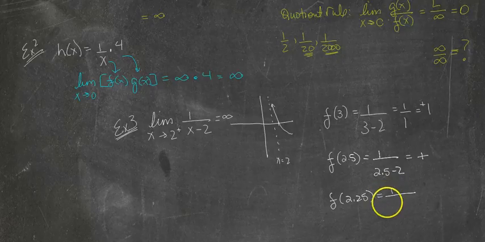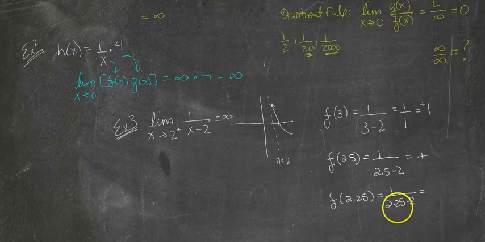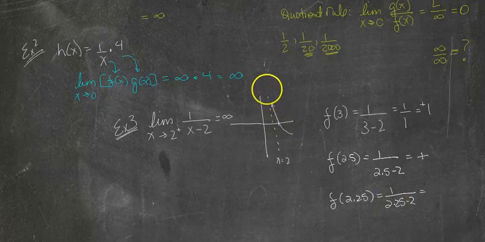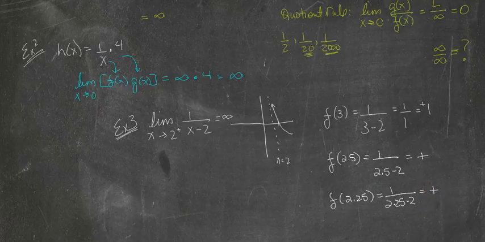That's 1 over 2.25 minus 2. The numbers are getting smaller and smaller. They're bigger than 2, but they're getting closer and closer to the asymptote, while still remaining bigger than 2. And so you still have a positive value. So that's how you would tell that it's positive infinity rather than negative infinity.